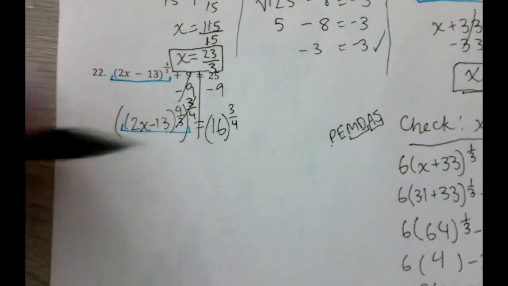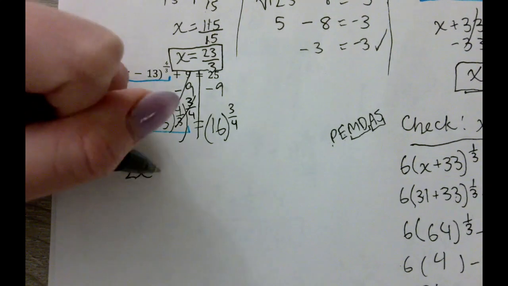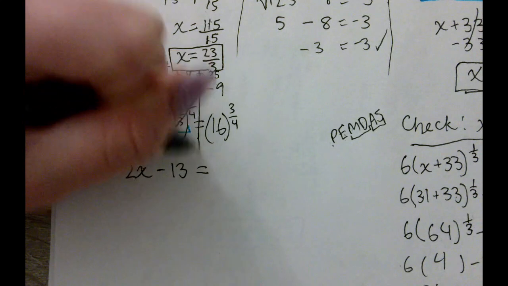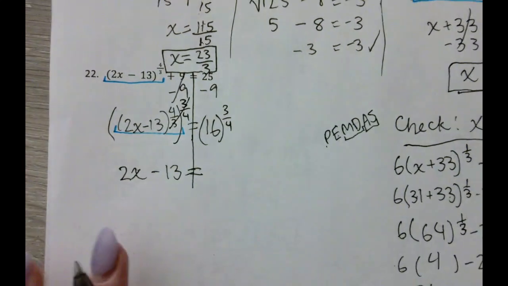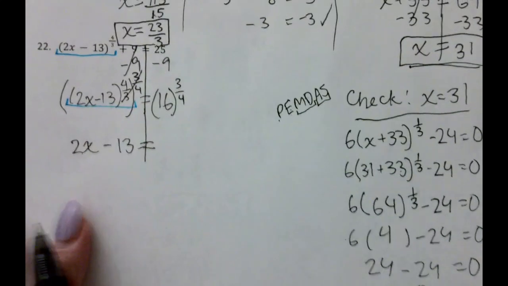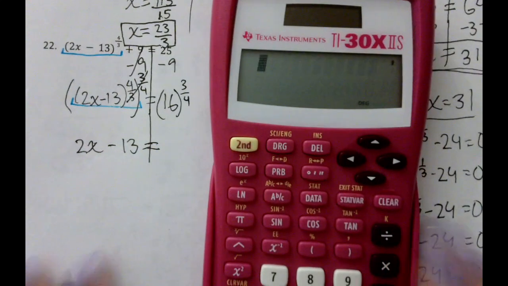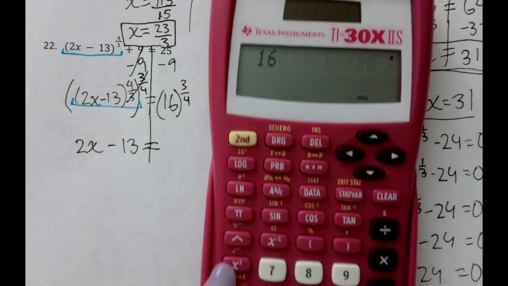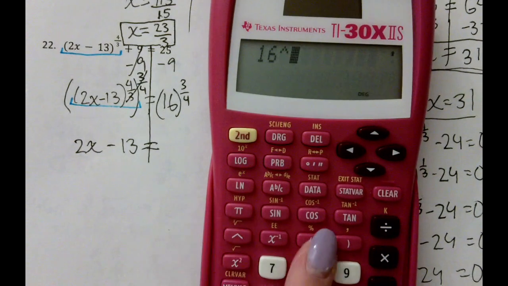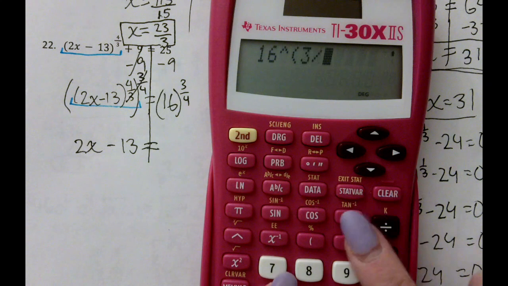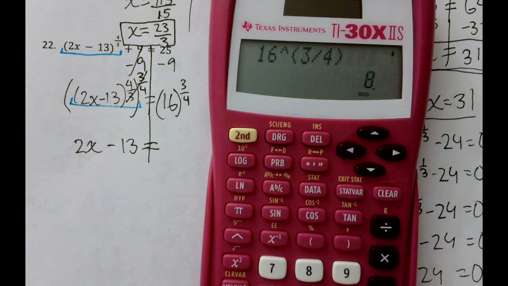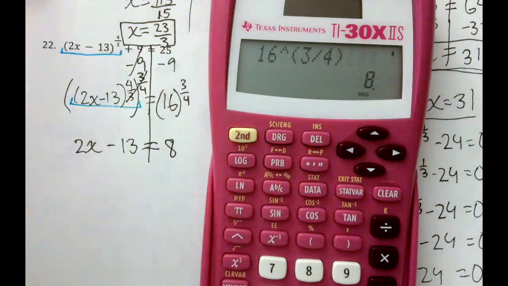These cancel, so that's just 2x minus 13. 16 to the 3/4, so I'll need my calculator for that. 16 caret, and then in parentheses, you can't forget, 3 divided by 4, parentheses, we get 8.